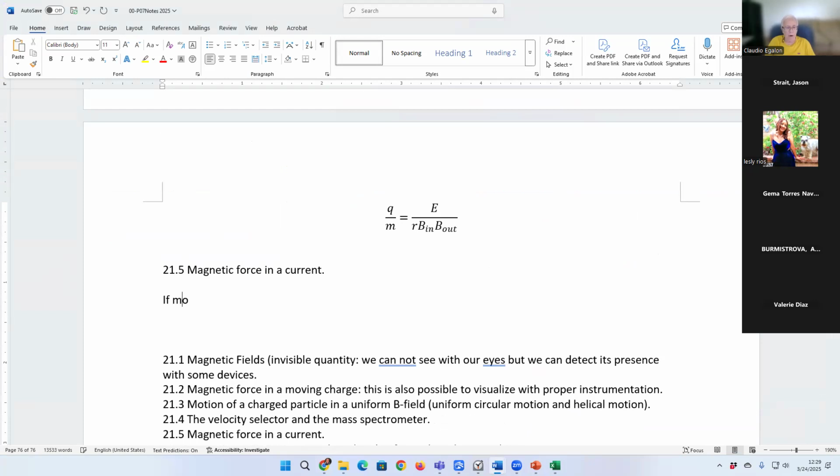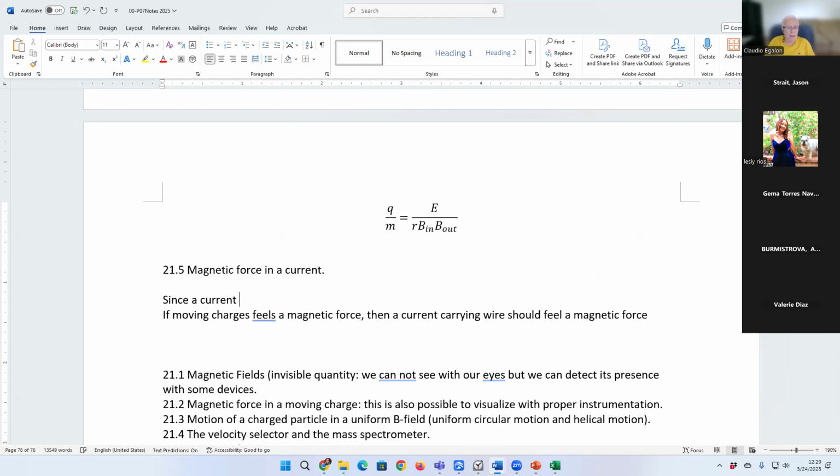Okay, if moving charges feel a magnetic force, then a current carrying wire should feel a magnetic force as well. Why is that?